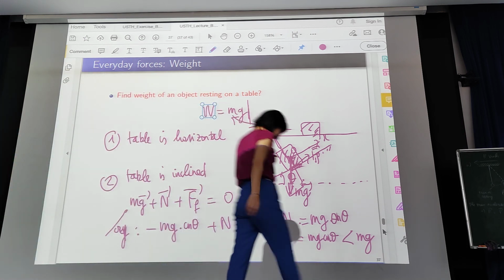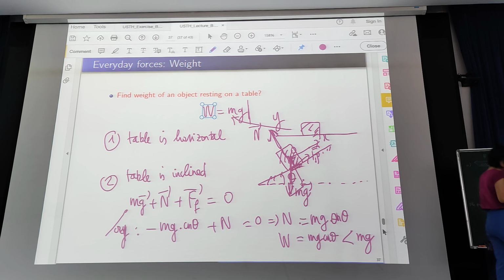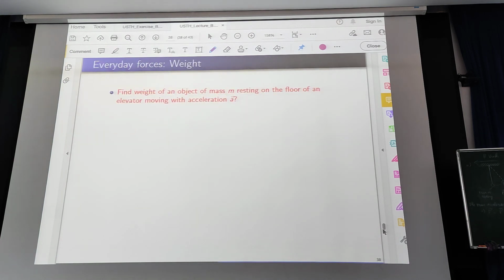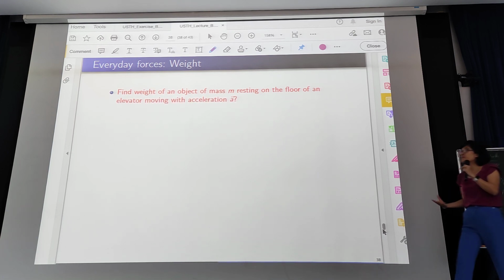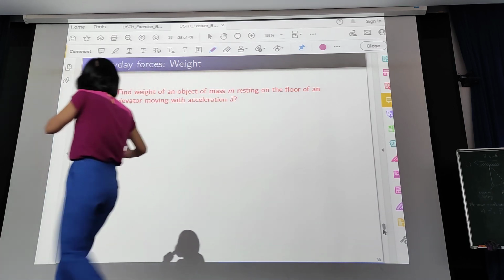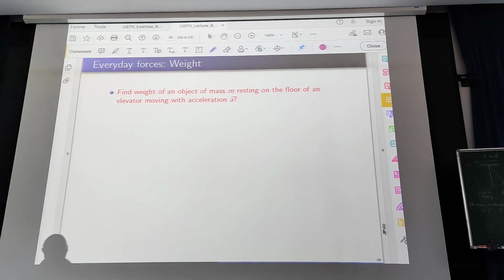Alright. Another case. If the object having mass is resting on the floor and the floor is moving up and down like an elevator, what happens? Okay?